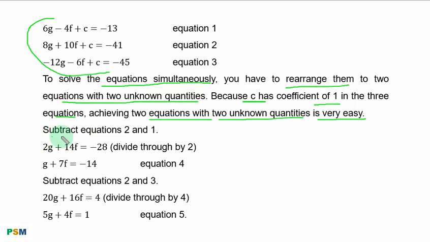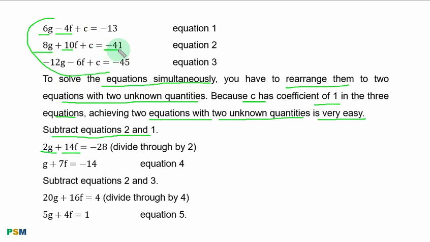First, subtract equations 2 and 1. You have 8g minus 6g equal to 2g. You have plus 10f minus 4f. That is plus 14f. c minus c, 0.